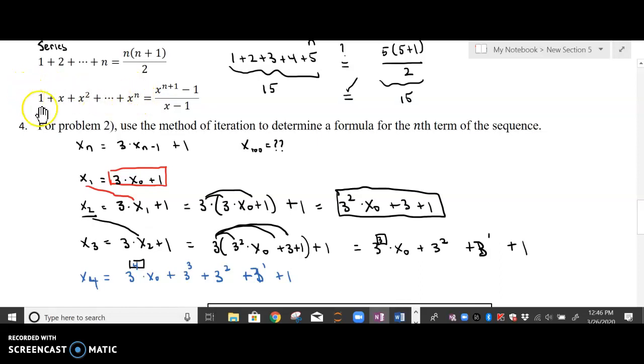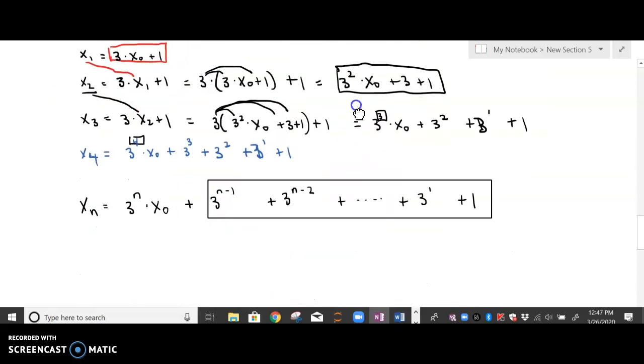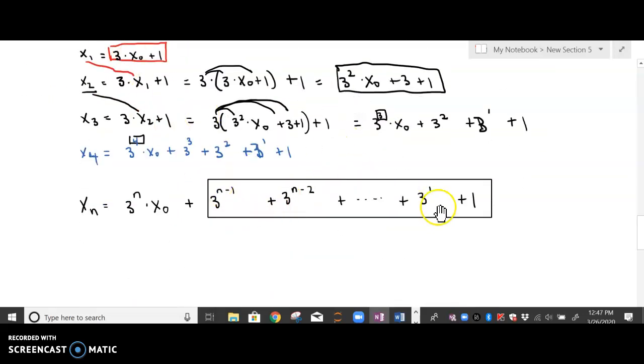And the way I could condense that whole thing down is by this formula that says the sum of all of these terms with base x will be x to the largest power plus 1, minus 1, over the base minus 1. In this case, I have 1 plus 3 to the 1st all the way up to 3 to the n minus 1. So according to that formula, this whole box should come out to be a fraction: the base to the largest power plus 1.